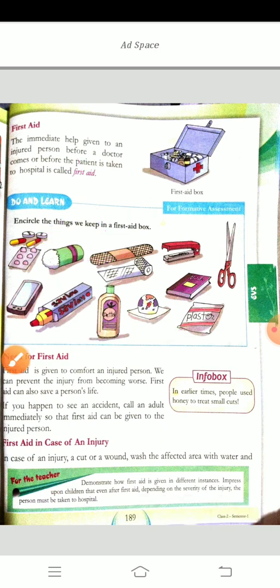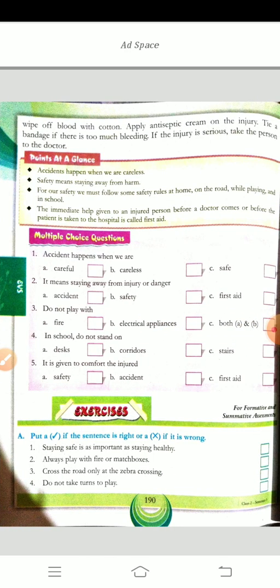In case of an injury, a cut or a wound, wash the affected area with water and wipe off the blood with cotton. So if they get hurt or bleed, first you have to wash with cold water.